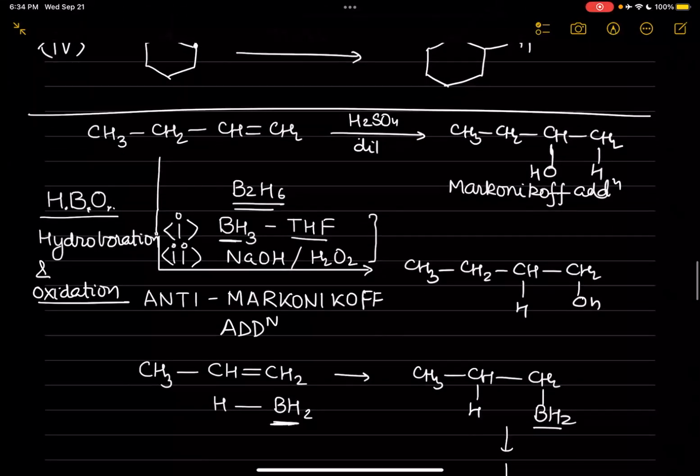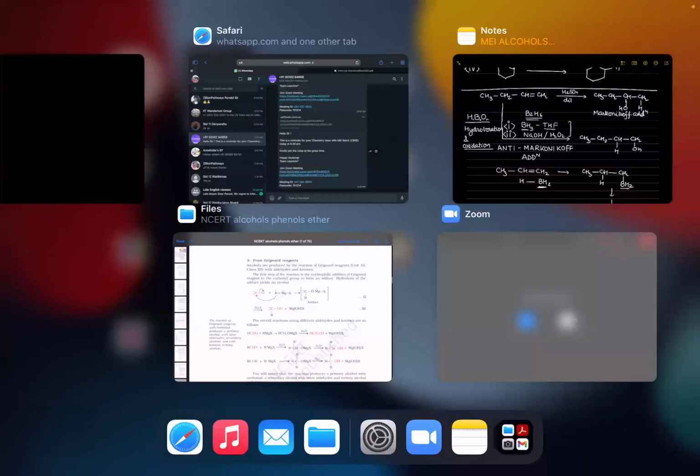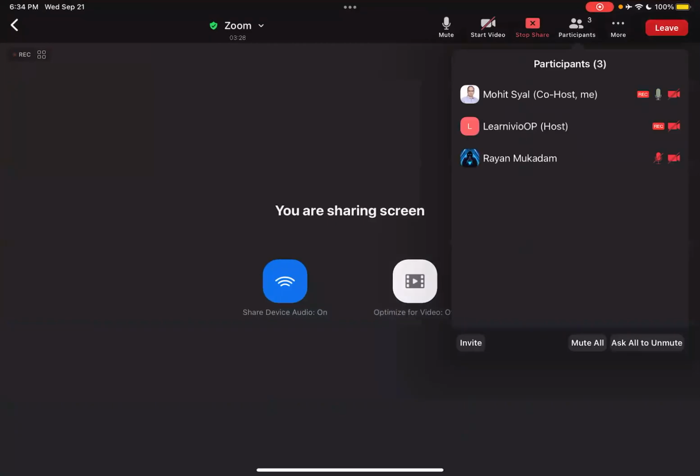And suppose you want to get an alcohol in which the OH is on the outer carbon, the alcohol with OH at one position.